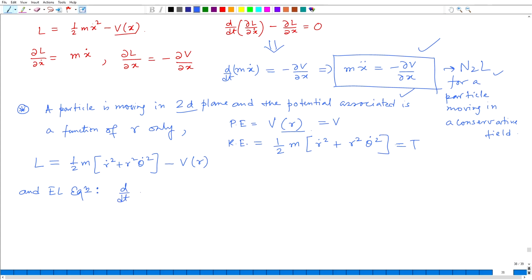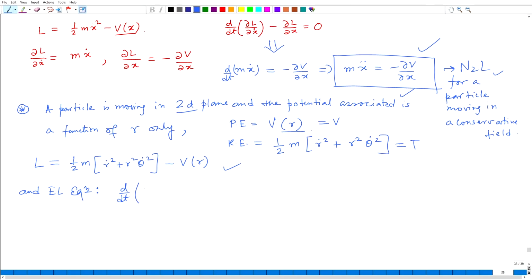d dt. So, how many equations do you have? We have two Euler-Lagrange equations, one related to r, another related to theta. So, the first one will be d dt del L del r dot minus del L del r is equal to 0, and d dt del L del theta dot minus del L del theta will be equal to 0.